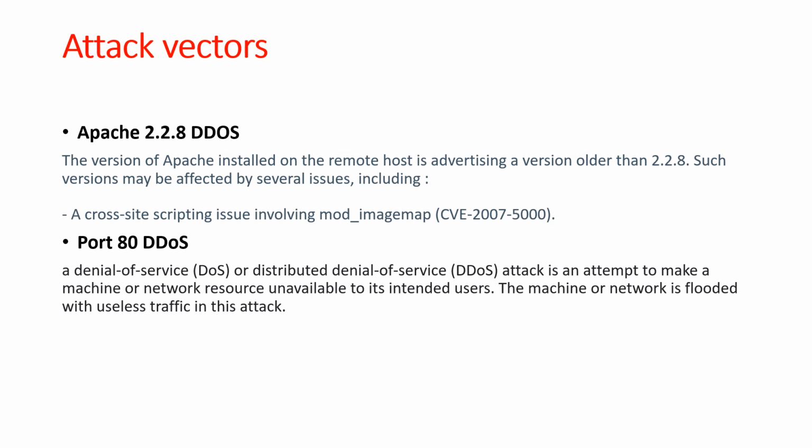Port 80 DDoS, a distributed denial of service attack, is an attempt to make a machine or network resource unavailable to intended users. The machine or network is flooded with useless traffic, which causes the computer to act very slow.